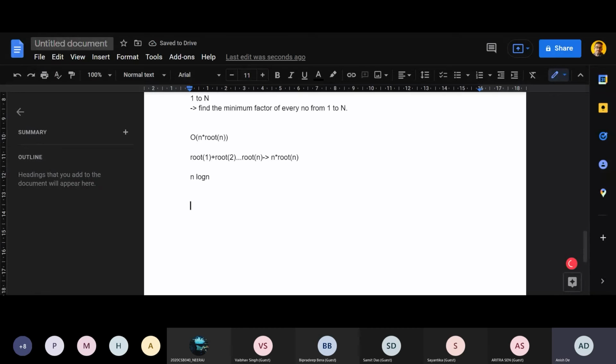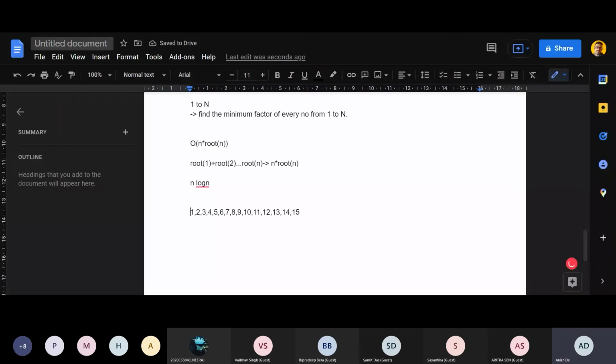So what Sieve tells here is, let's say we have 15 numbers.